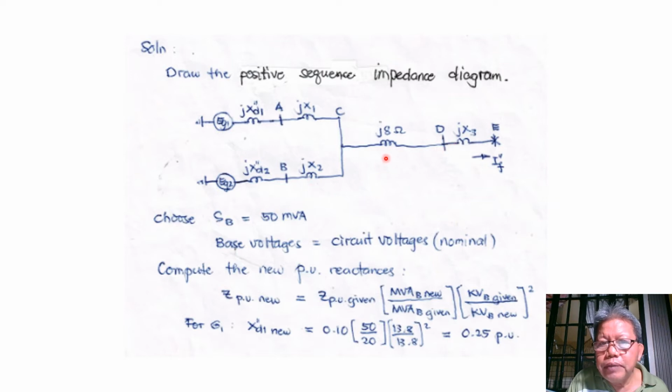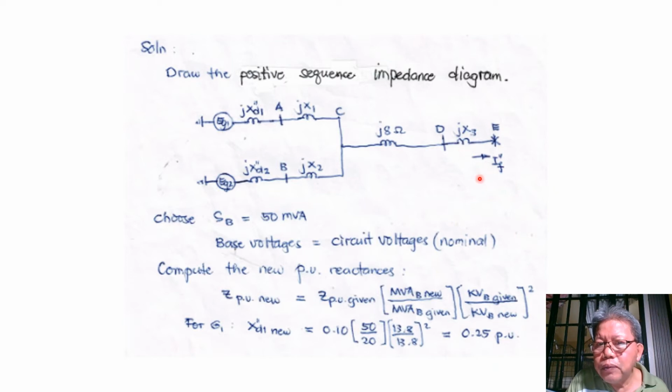And then we have the transmission line with an actual reactance of J8 ohms. And then between D and E, we have transformer 3, represented by the reactance JX3.